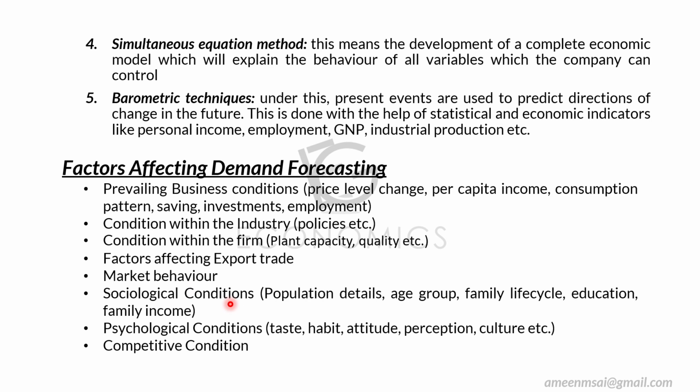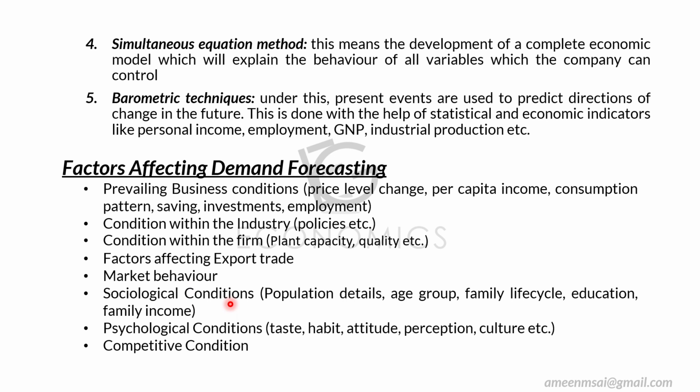Well, for example, the growth in the population. If the population increases, or if the growth in population remains stable, what's the age group? Is the population aging? That means the elder generation, the above 50, the above 60 population is increasing, or the teenage population, the youths are increasing.